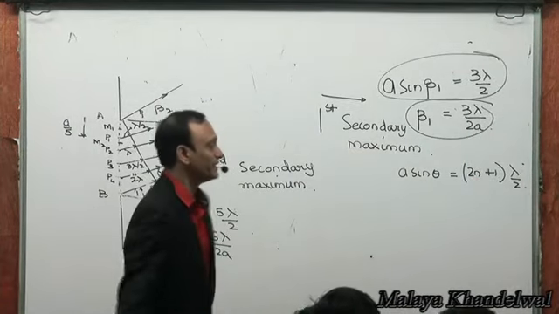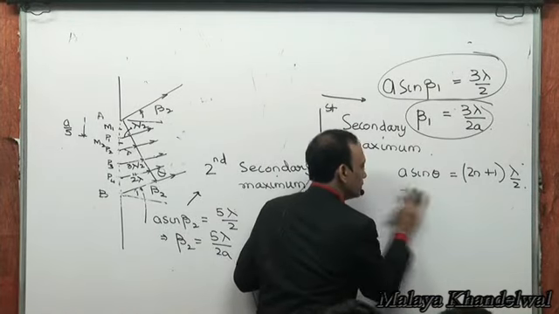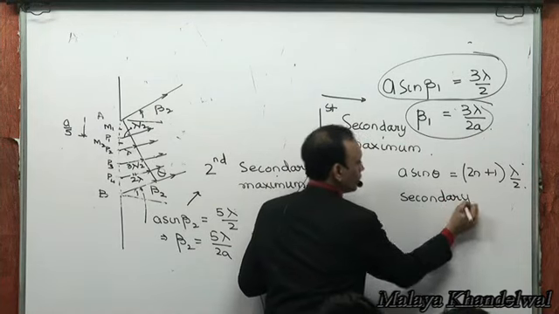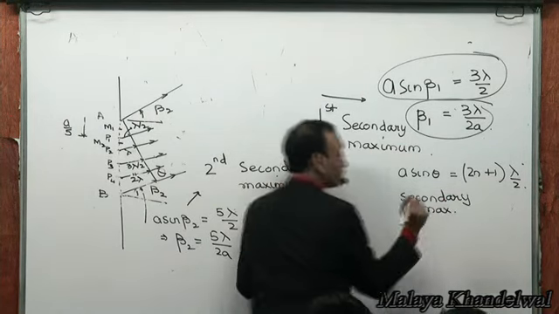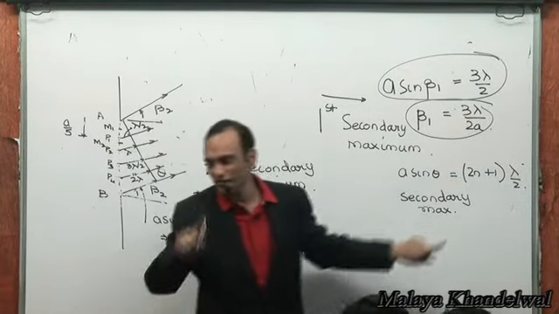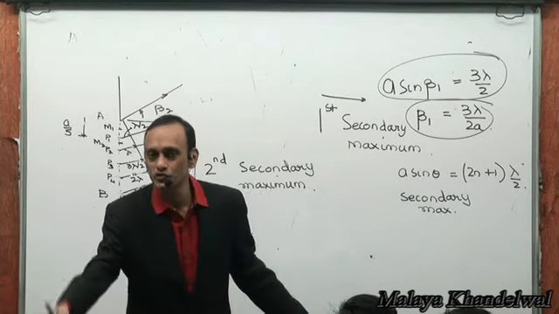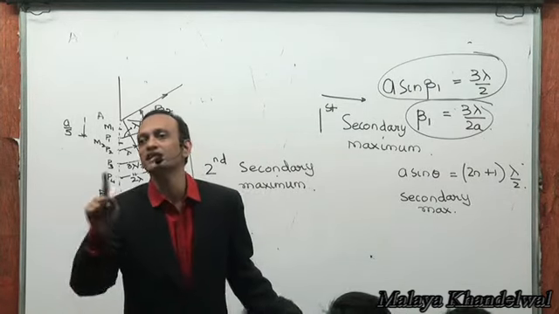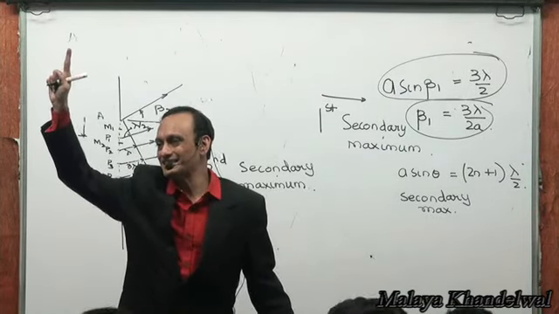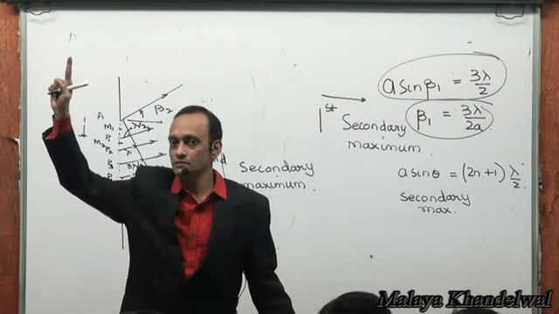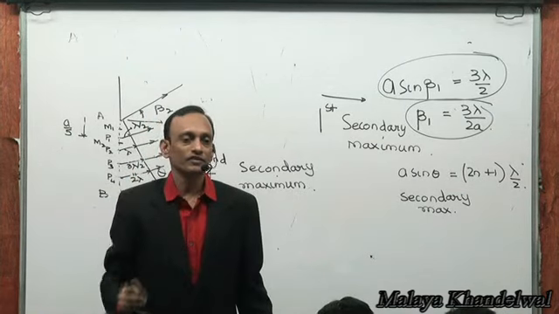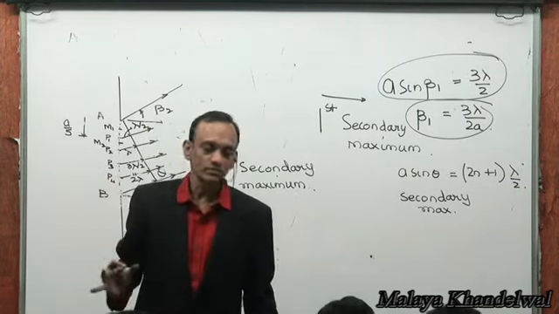Such thetas will give me secondary maxima of unequal intensities. If you plug in n equal to 1, you get the first secondary maximum. If you plug in n equal to 2, you get the second secondary maximum, less intense than the first, and so on and so forth. With decreasing intensities, you get the maxima. The central maximum, of course, is more intense than the first, second, third secondary maxima.